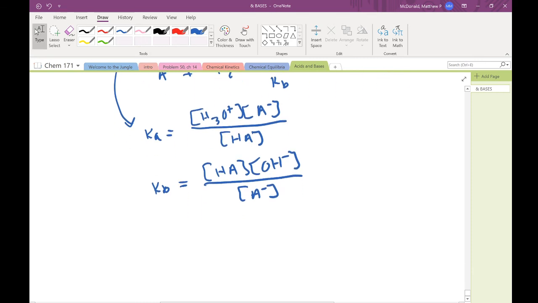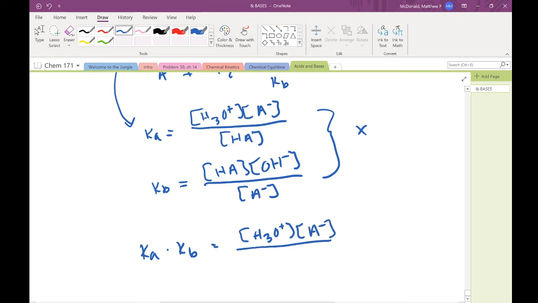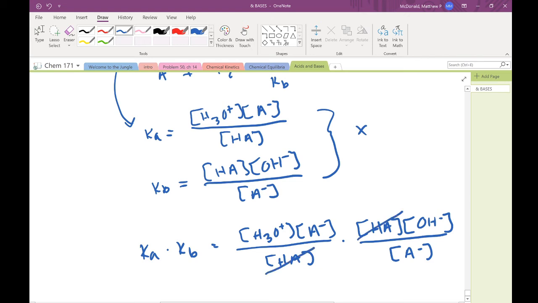Now, what happens if we take these two and multiply them together? We have Ka times Kb is equal to H3O plus times A minus divided by HA, multiplied by HA times OH minus divided by A minus. Okay, some interesting things are happening. HA cancels, right?